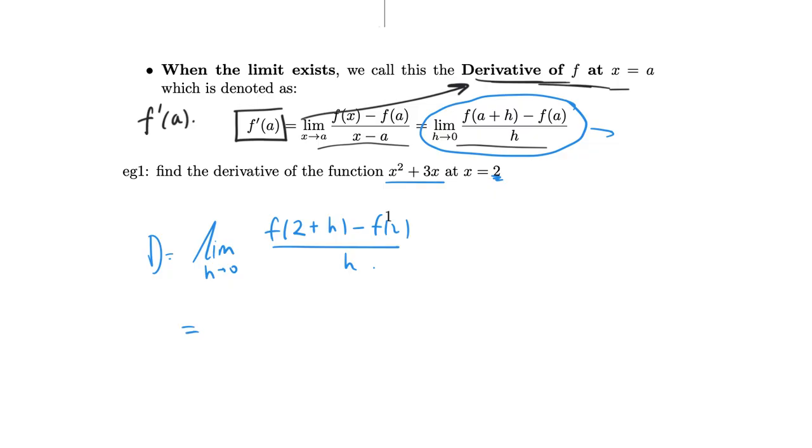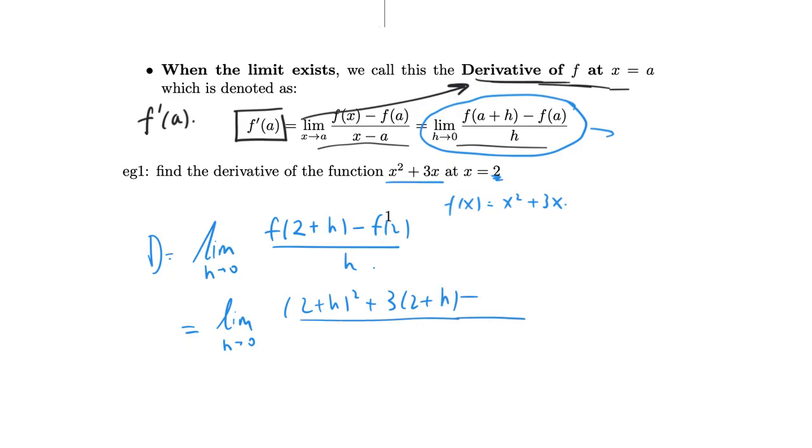And this f is just x squared plus 3x, right? This is the function. And we can expand this numerator right over here. So this becomes 2 plus h squared plus 3 times 2 plus h minus f of 2, that's just 10, over h.